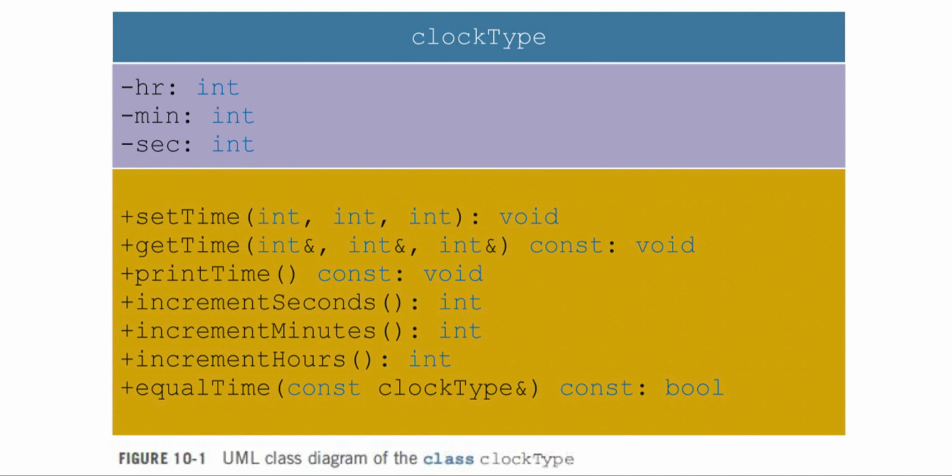A plus sign in front of a member identifies that member as a public member, as you can see here all the way down. A minus sign, as you can see up here, goes in front of a member and indicates that the member is a private member. The symbol pound, which you don't see on this diagram, if it goes before the member name, indicates that the member is a protected member.